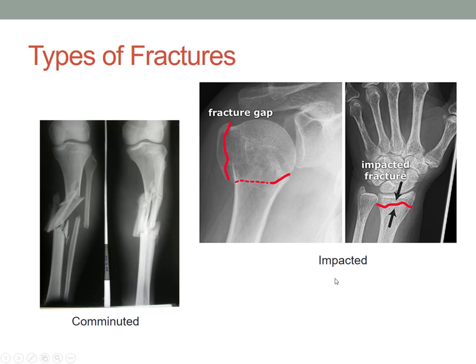The impacted fracture is similar in cause. It's forces applied to one or the other ends of the bone, but instead of splintering and fracturing like the comminuted fracture, the impacted fracture actually just shoves bones together. This left center diagram here appears to be possibly the humerus, maybe where someone fell and put their arm out and they have this impacted fracture.